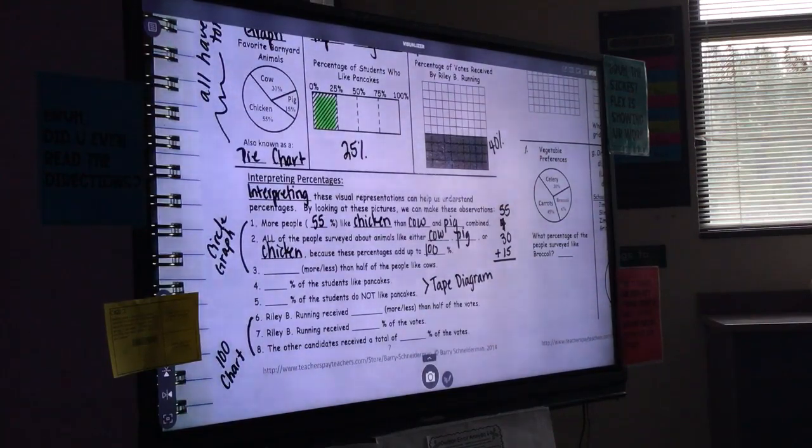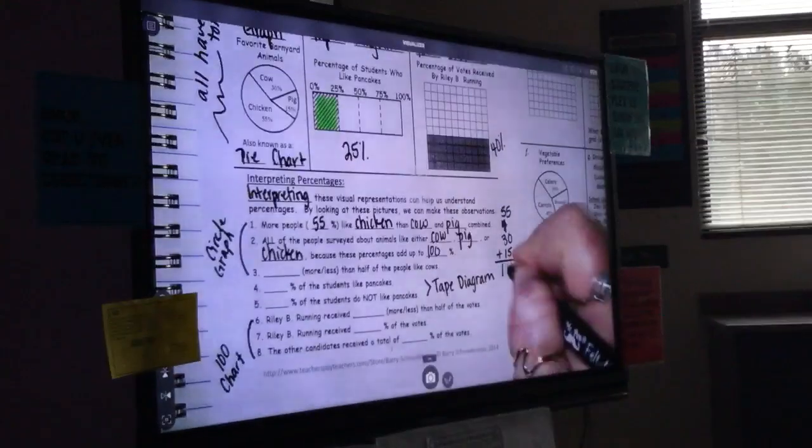All right, have a seat. So what do you get when you add 55 plus 30 plus 15? You get 100. So you know that this is correct.